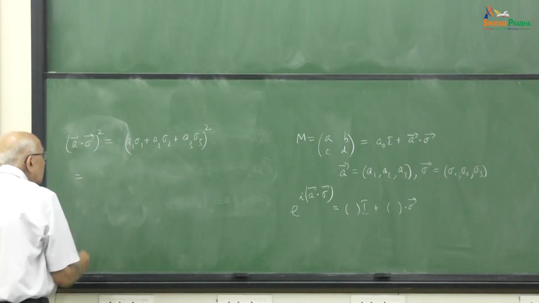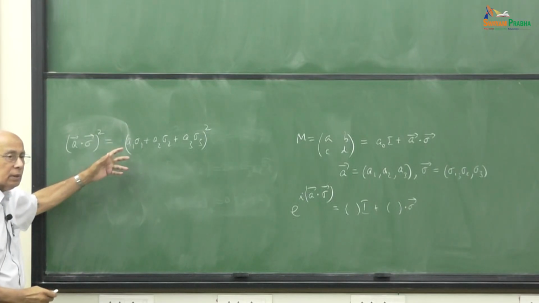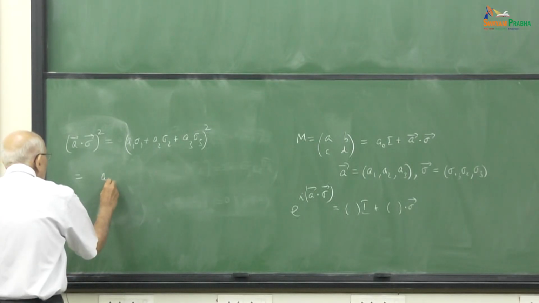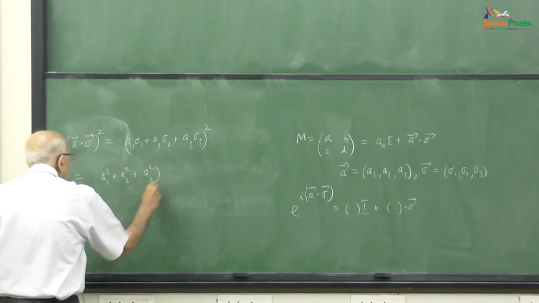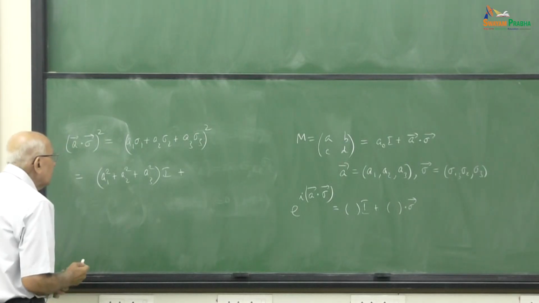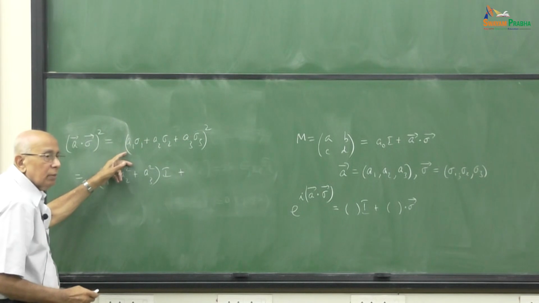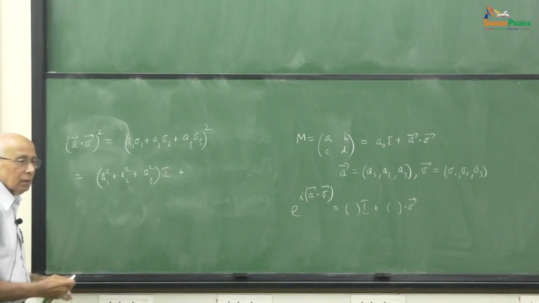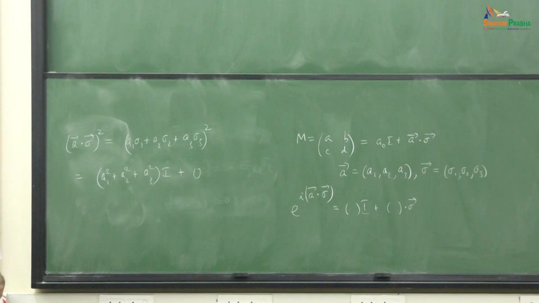And that's equal to, there are three terms which are direct squares, a1 sigma 1 the whole squared, but sigma 1 squared is the unit matrix, the identity matrix. So this is equal to a1 squared plus a2 squared plus a3 squared times the identity matrix plus a1 sigma 1, a2 sigma 2 plus a2 sigma 2, a1 sigma 1. That's the anti-commutator of sigma 1, sigma 2, so it vanishes. The cross terms vanish, so it's plus 0. Is that clear to everybody?